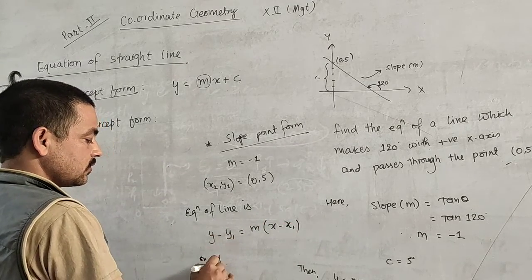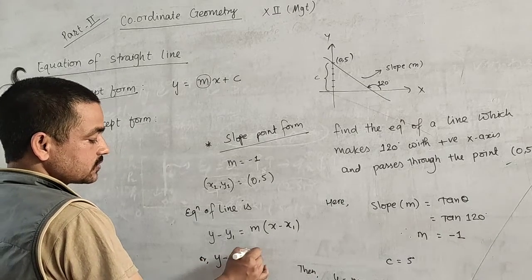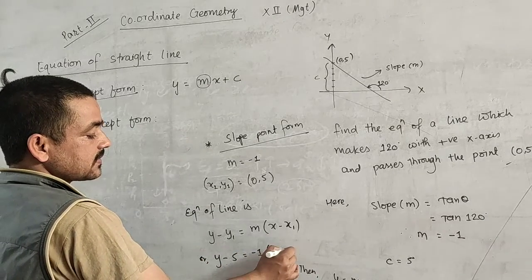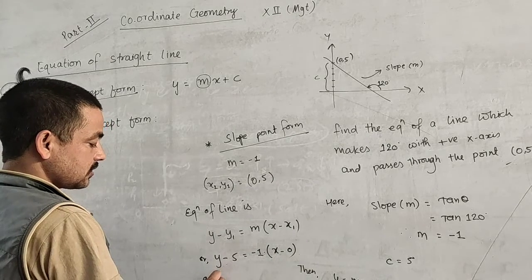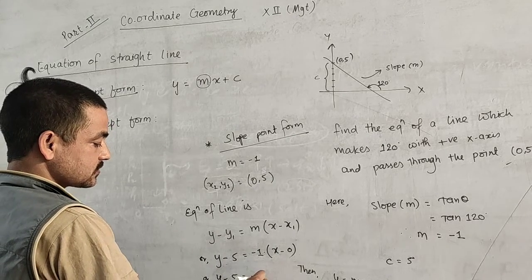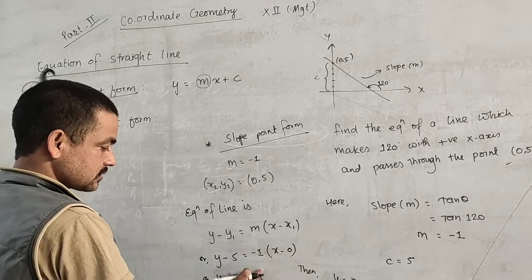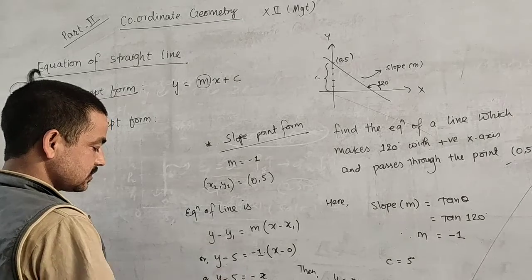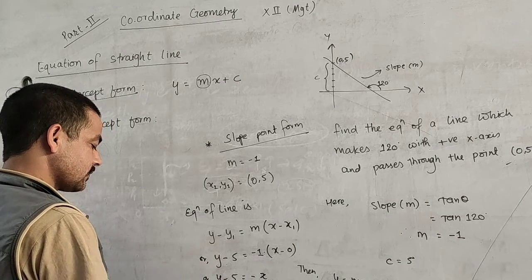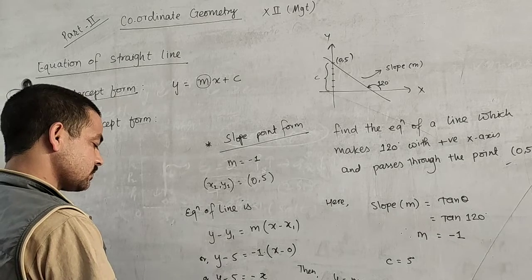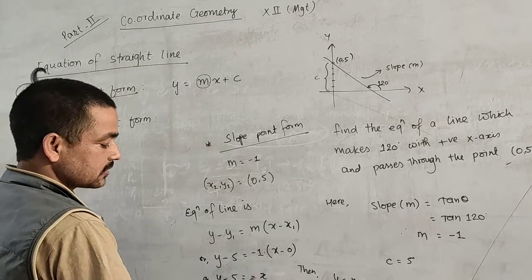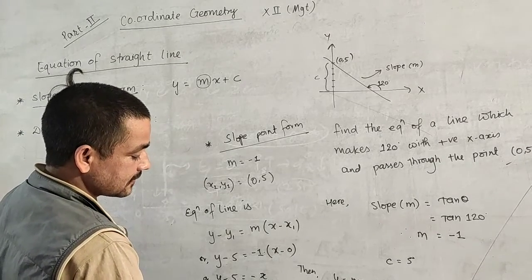We can do y minus y1 equals to slope minus 1 times x minus 0, or y minus 5 equals to minus 1 x. Taking to left side, x plus y minus 5 equals to 0. The same answer matches here.